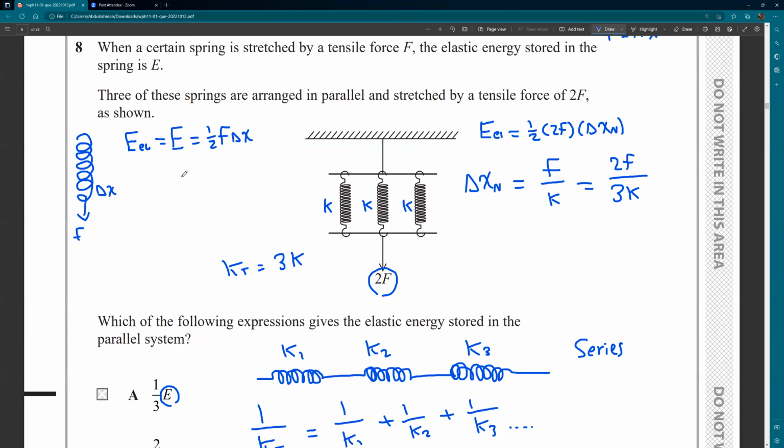And the extension of the first system is just F over K, because for the first spring you're applying a force of F, it extends by delta X, and the spring constant is K. So therefore, the extension of the new spring is equal to 2 over 3 multiplied by F over K, because F over K is just the extension of your first spring.